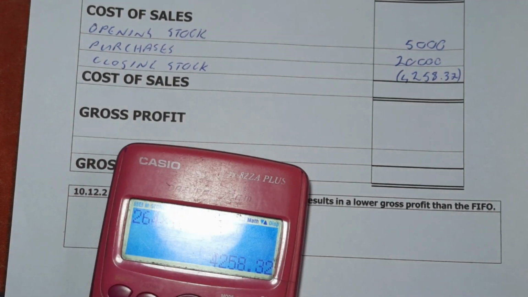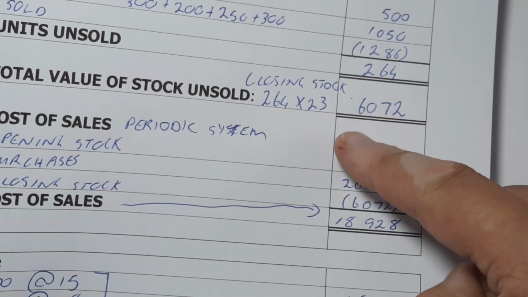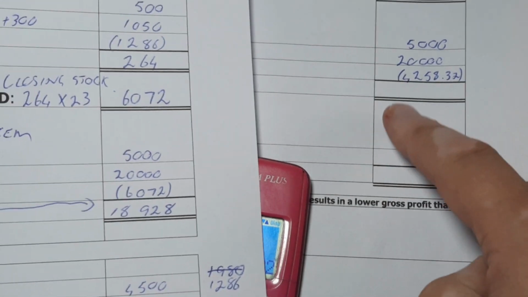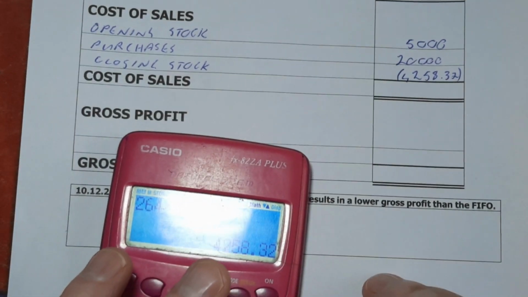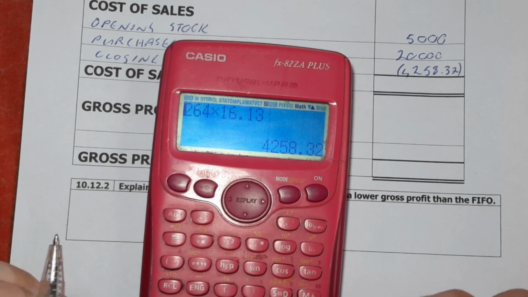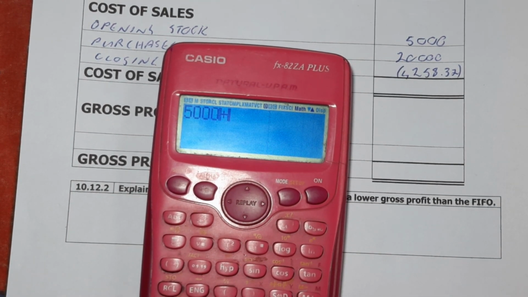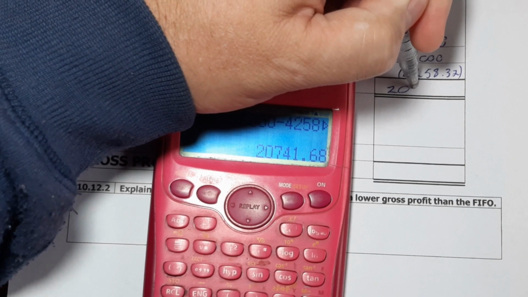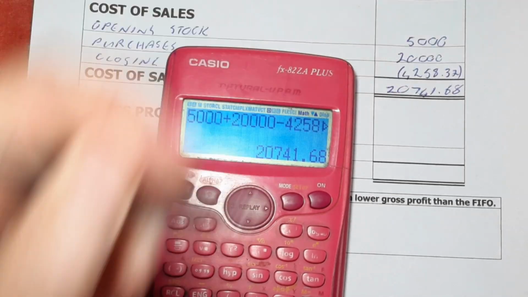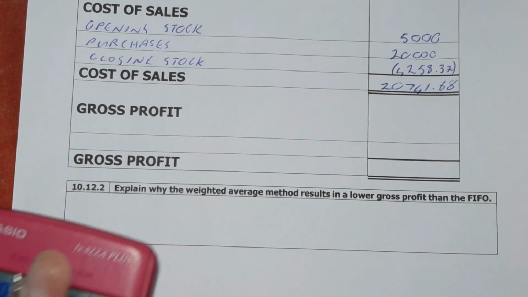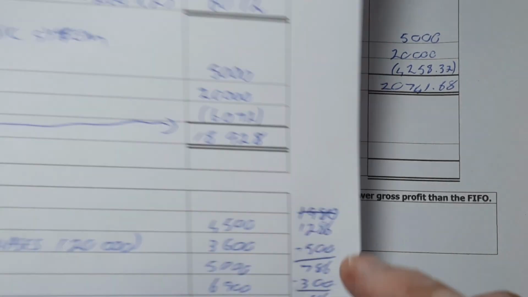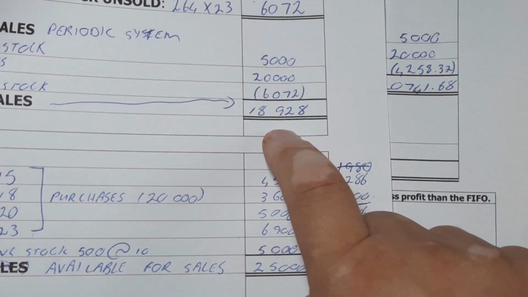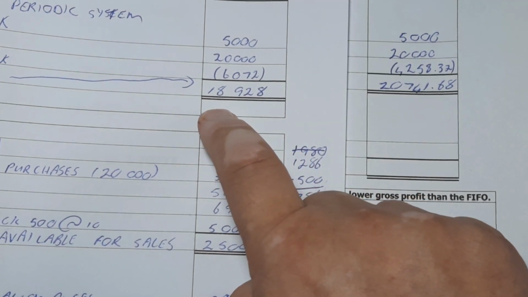Whereas in the first in, first out method it was 6,072, here we've got a lower value for our closing stock because of the weighted average. So it would be the 5,000 plus the 20,000 minus 4,258.32, which gives you a cost of sales of 20,741.68. So our cost of sales is way more than it would be for the first in, first out method, because there we had a cost of sales of 18,928.